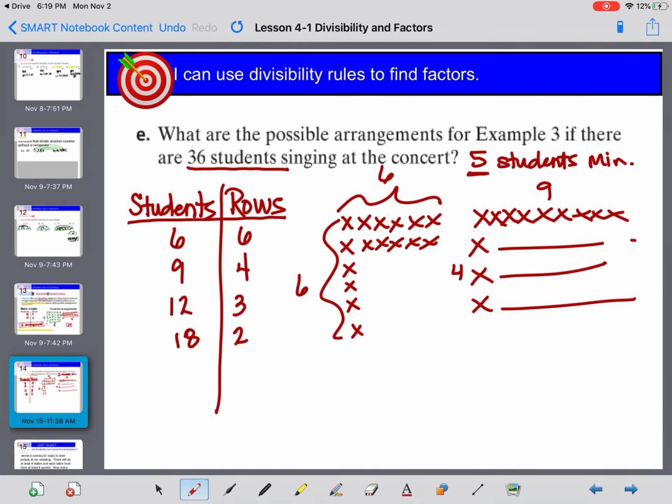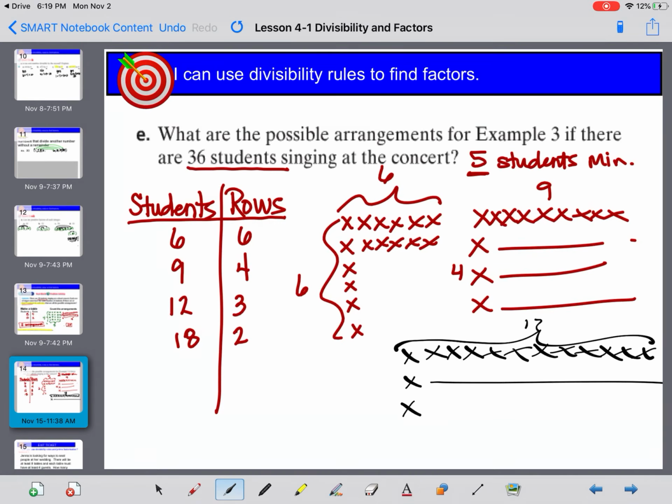Or I could do 12. So now I've got 12. And then another row of 12, and then another row of 12. 12 times 3 is 36. And the same thing with 18.